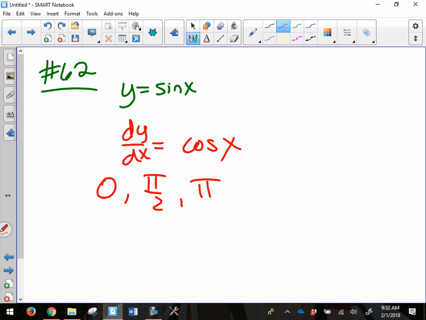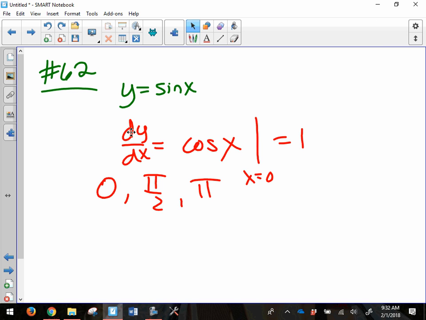So for instance, what is the cosine of 0? So if I evaluate that at x equals 0, I should have a slope of 1 going up and down the y-axis. Do I have that? No. Okay. So I'm not even going to write it down because you already wrote it down.